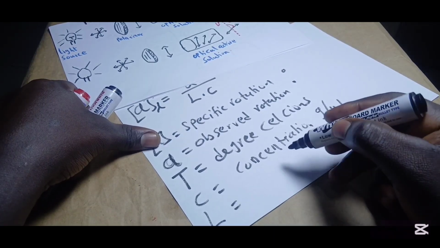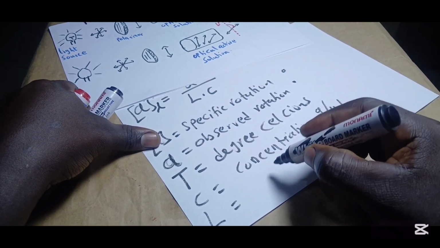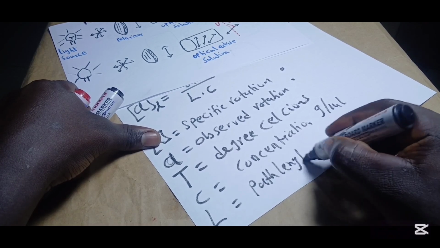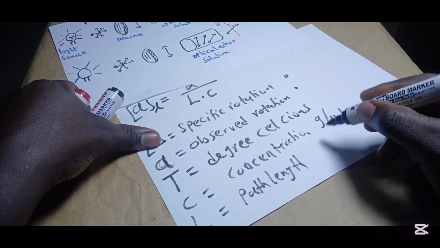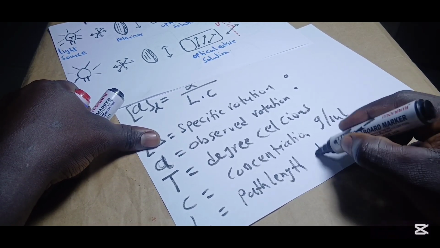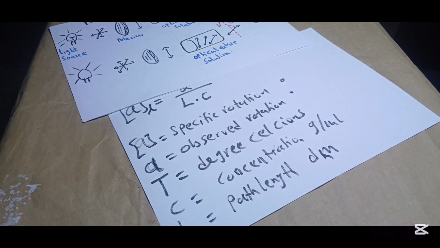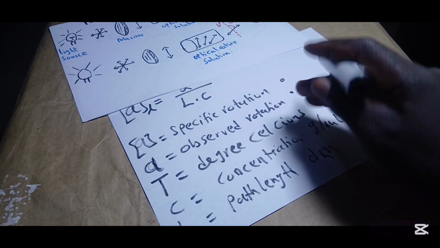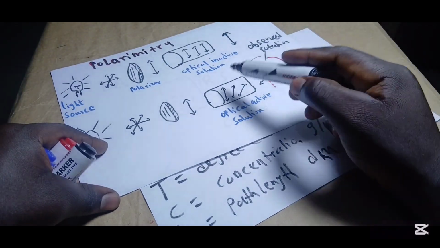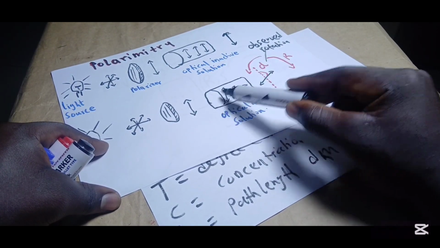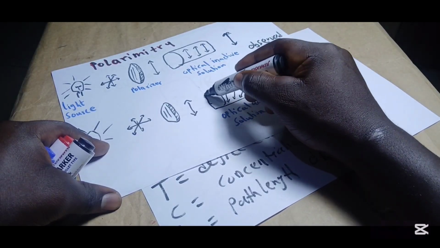L is the path length, and is measured in decimeters. The path length is usually the length through which the polarized light passes through the solution.